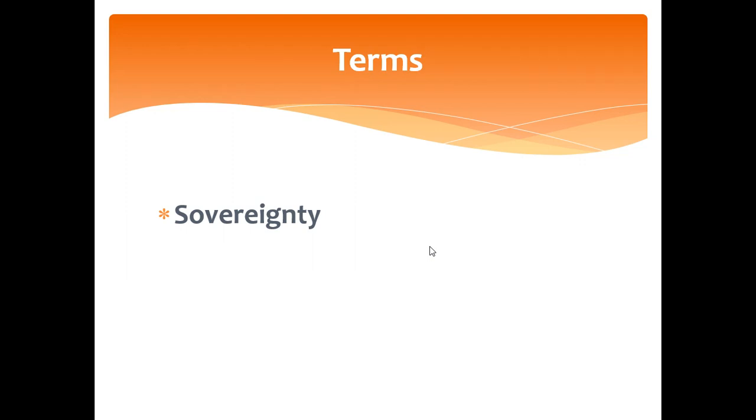So, sovereignty is the ability of a government to enact its own policies within its territory without these policies being dictated to it by somebody else. You are the absolute ruling authority within your boundary, within your territory. Nobody else can tell you what to do.